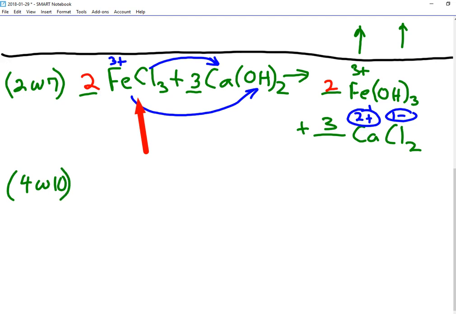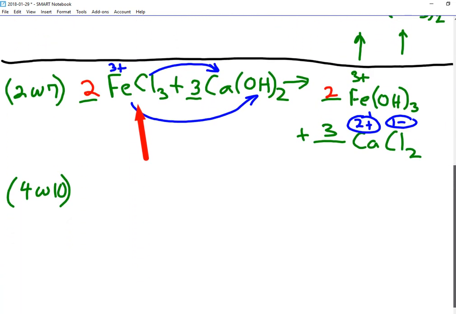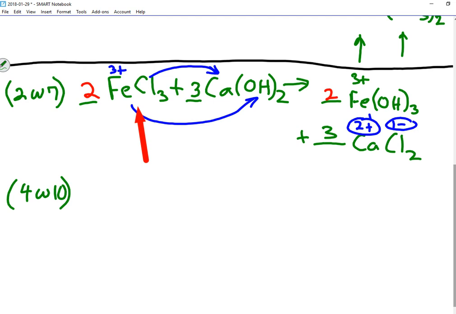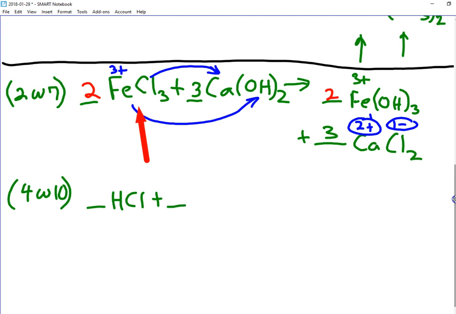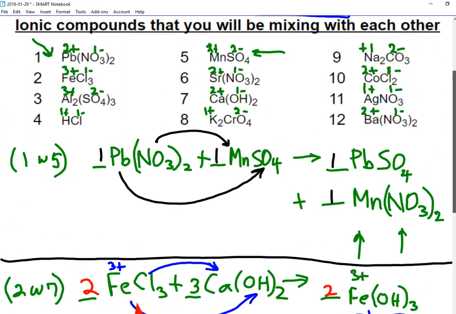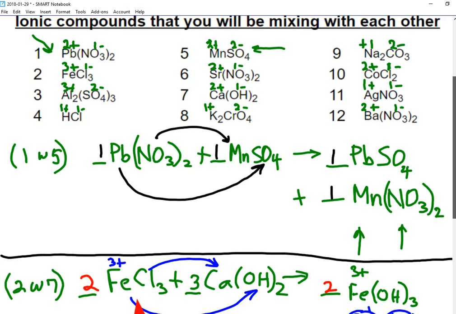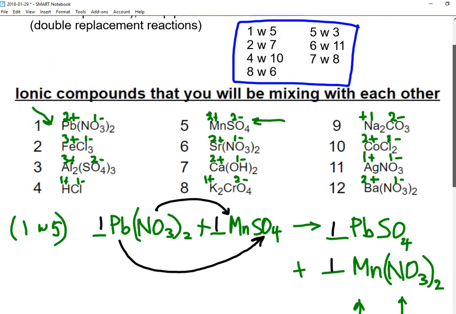And chemical number 4 is hydrochloric acid, HCl. And I'm going to mix that. We're actually going to take a bottle and put a drop on our piece of acetate, and then we're going to put the second one on, 4 with 10.